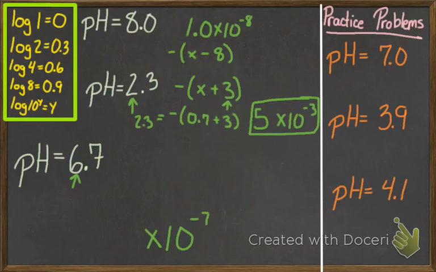Up here, we have a log of 0.3, so it's going to be 2. If you do your back calculation, you'll see how that's working. So try these examples over here on the side and see how you do.